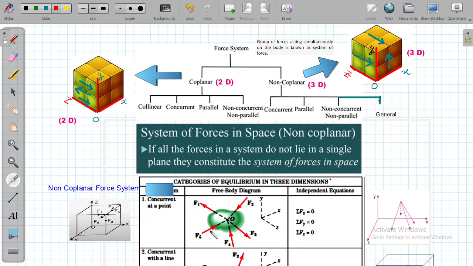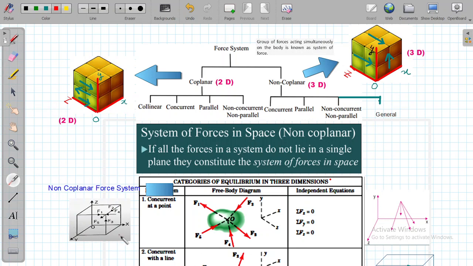Since all these forces are converging at a point, there will be no movement in this body. The independent equations we can write are sigma Fx equals 0, sigma Fy equals 0, and sigma Fz equals 0.